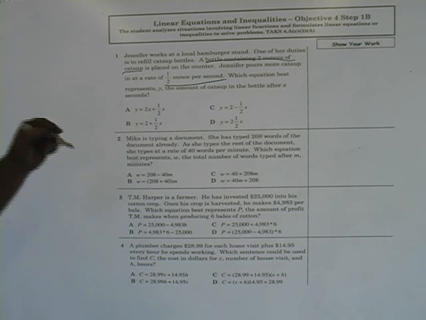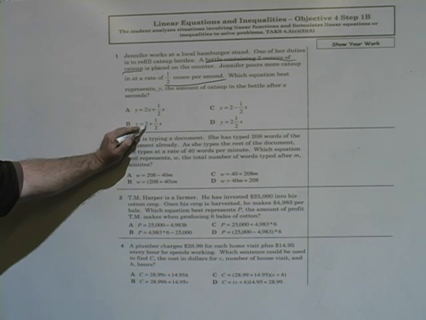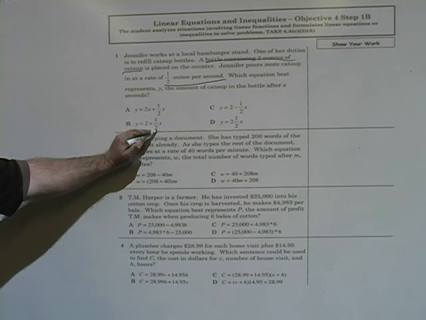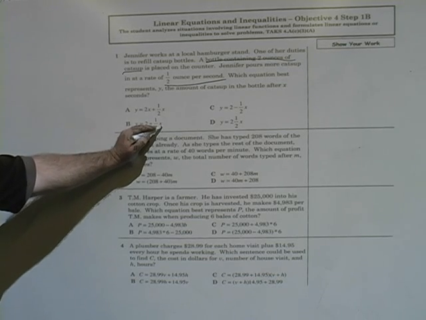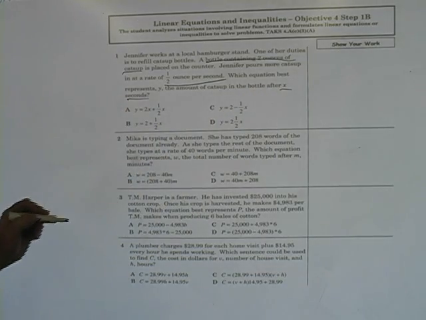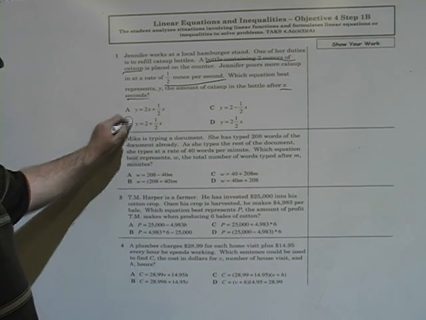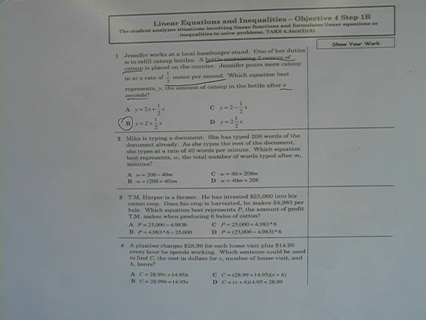Okay, so look at these equations. Answer B, it says there's 2, and then you add a 1/2 ounce every second. Because look, it's X seconds. So every second, we're going to add a 1/2 ounce. That's how you do a problem like that.